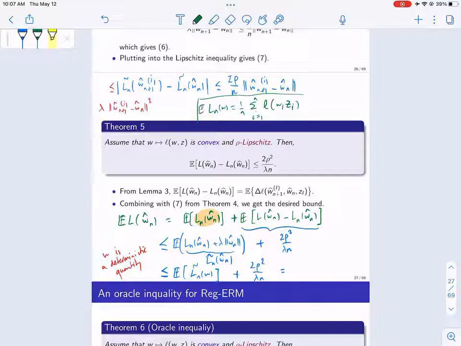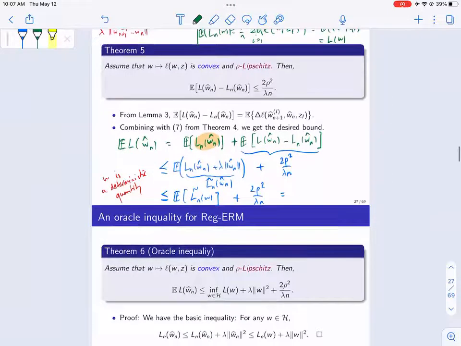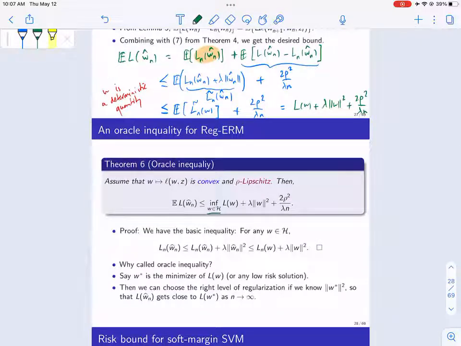So when I take the expectation it goes inside, and all of them are the same. So I get the expectation of, let's say, L w Z1, which is just L w, the population loss. So I get L w plus lambda norm w squared plus 2 rho squared lambda over n. And this holds for any w, so I can just take the infimum.